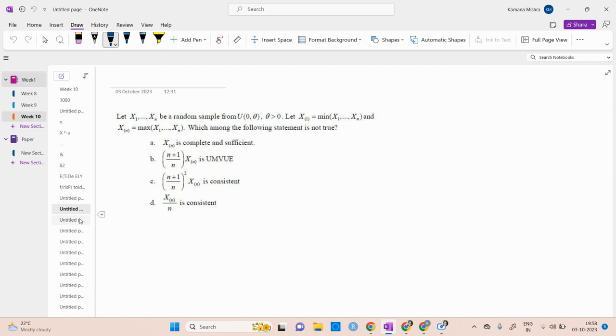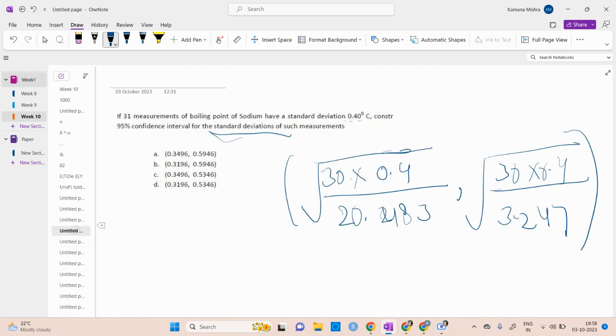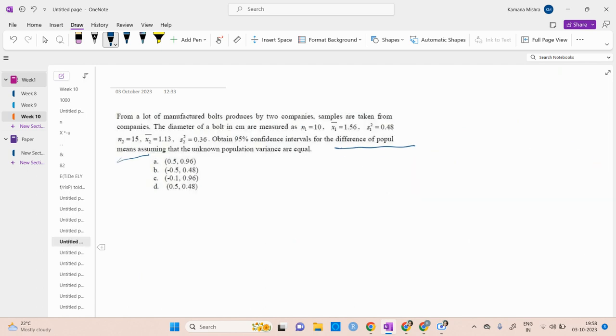You don't need to calculate, you are given everything here. So x1 bar, x2 bar is given, s1 square, s2 square is given, and that the unknown population variances are equal is also given. So now when population variances are unknown but they are equal, right?